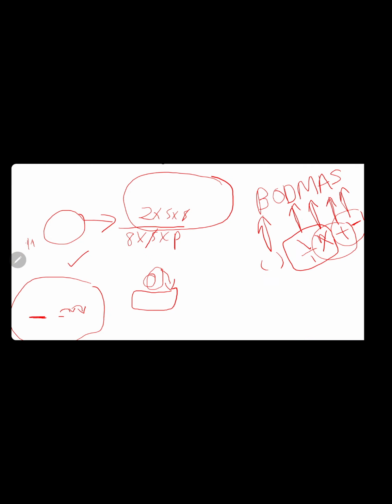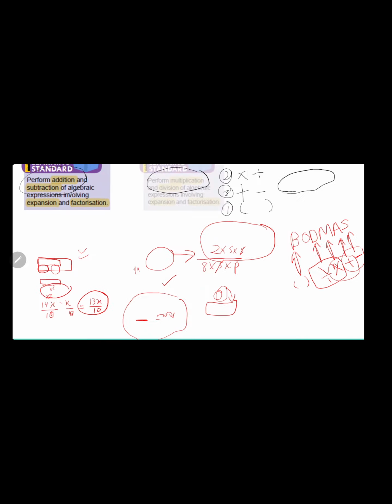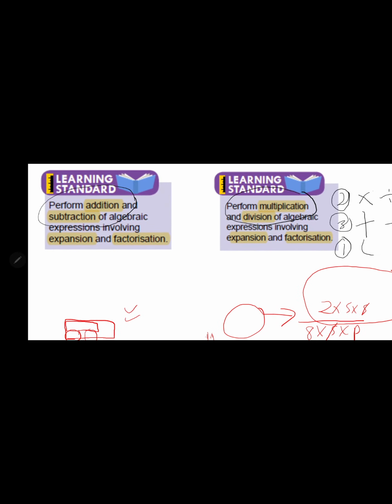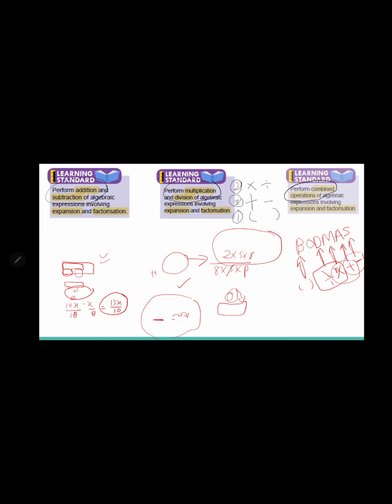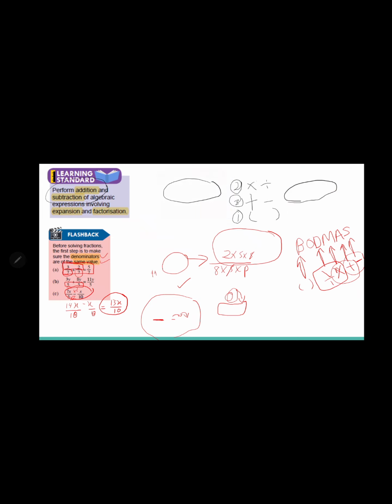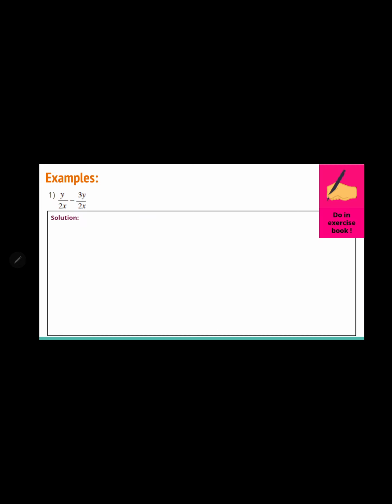And then the last part, of course, not much flashback except for POCMAS. So the last one will be to follow the order of operations. I write here POCMAS. Still remember: bracket, division, multiplication, addition, subtraction.